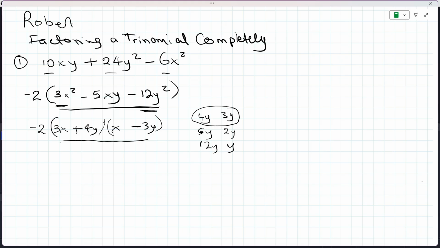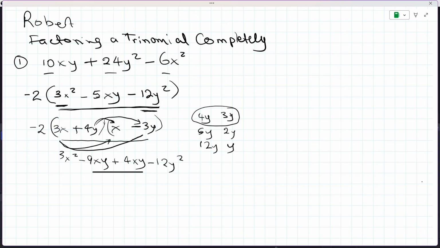So we say 3x times x is 3x squared. 3x times minus 3y will be minus 9xy. And then 4y times x here will give us positive 4xy. And then 4y times negative 3y, as we saw earlier on, will be minus 12y squared. We can clearly see that these two are similar.